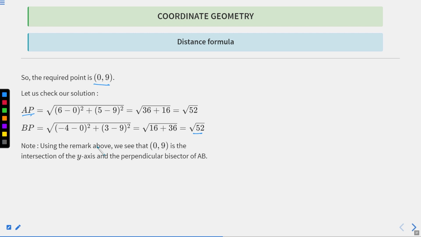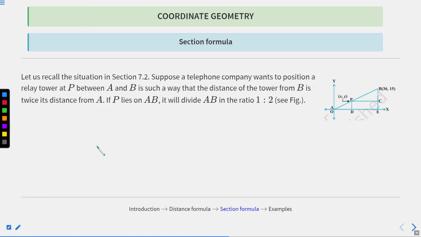Okay, so now let us recall the situation in section 7.2. So suppose here a telephone company wants to position a relay tower at point P between A and B in such a way that the distance of the tower from B is twice its distance from A. Okay, if P lies on AB, then it will divide AB in the ratio 1:2.